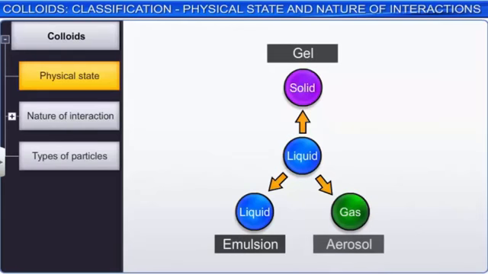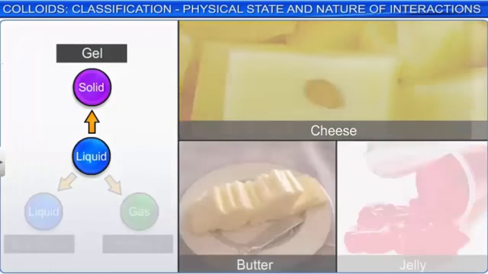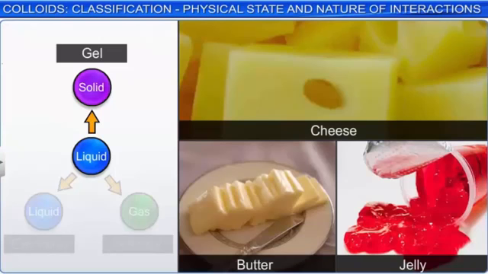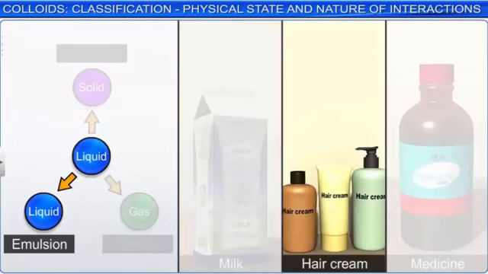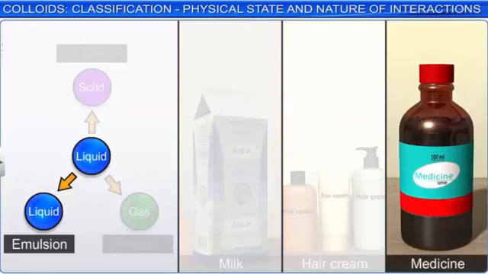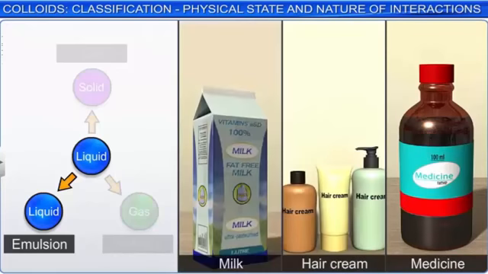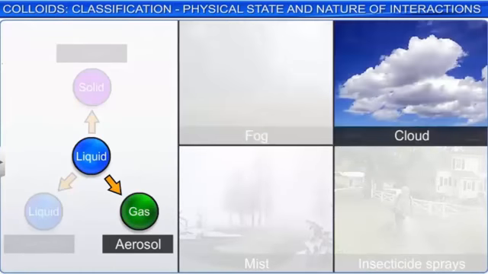Examples of gels are cheese, butter, and jellies. Milk, hair cream, and certain medicines are examples of emulsions. Fog, cloud, mist, and insecticide sprays are examples of aerosols.